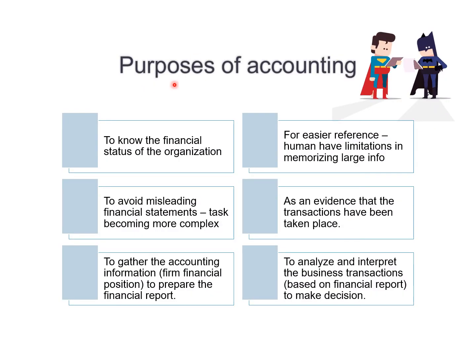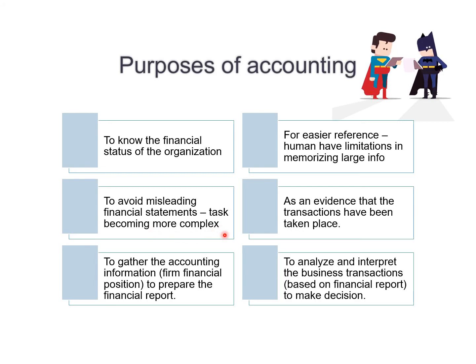Next, kita nak tengok on the purpose of accounting. Kenapa kita kena buat accounting? So, tujuan yang utama adalah untuk kita tahu the financial status of the organisation. Okay, company tu untung ke rugi? Okay, aset dia bertambah ke berkurang? So that. And then kita nak avoid misleading financial statements as the task becoming more complex.